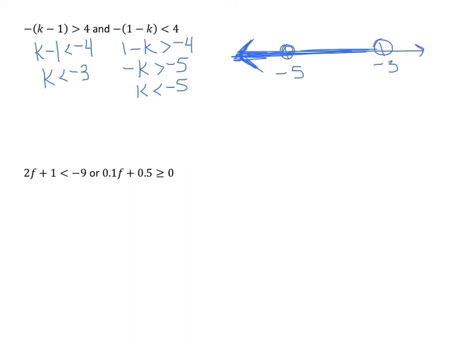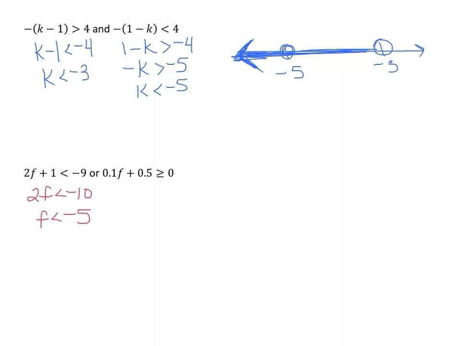On the next problem, 2f plus 1 is less than negative 9, or all of this with the decimals. I'll get 2f is less than negative 10. So f is less than negative 5. On this next one, well, I guess you can leave it as a decimal.